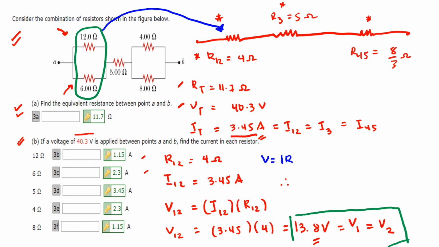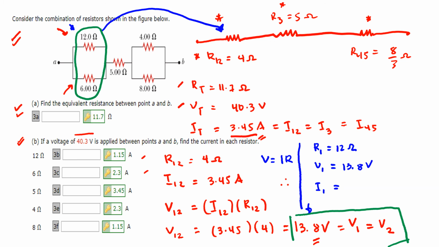This would then allow us to easily solve for the current through the 12 ohm resistor, because we have R1 that is equal to 12 ohms, and we also have V1 which is equal to 13.8 volts. So how do we solve for I1?